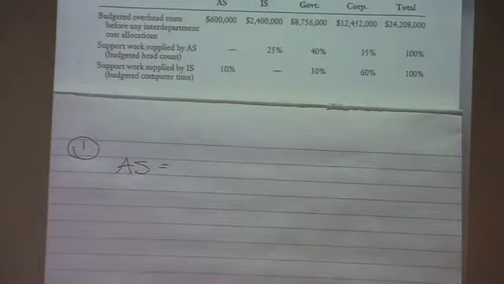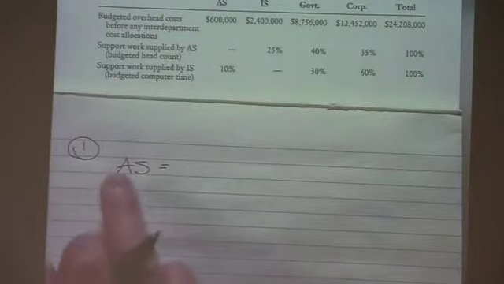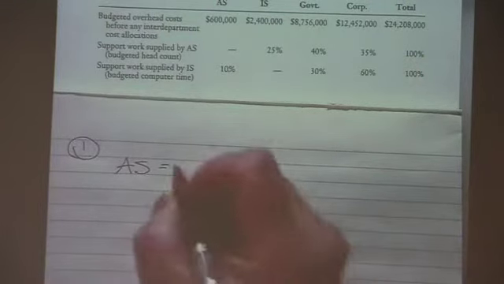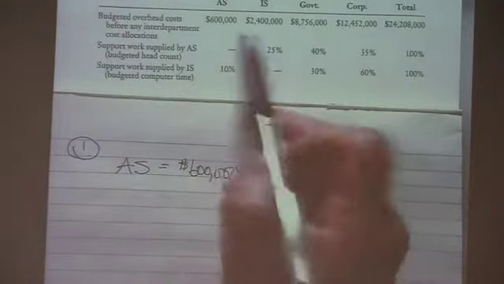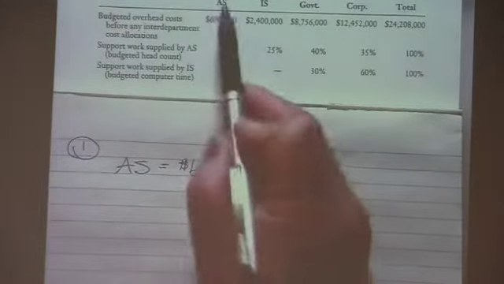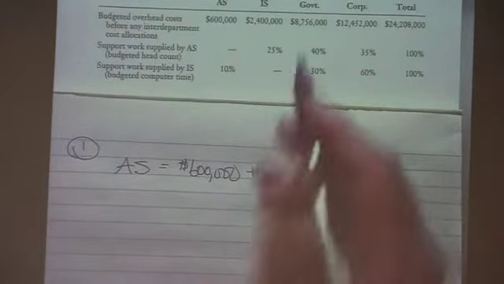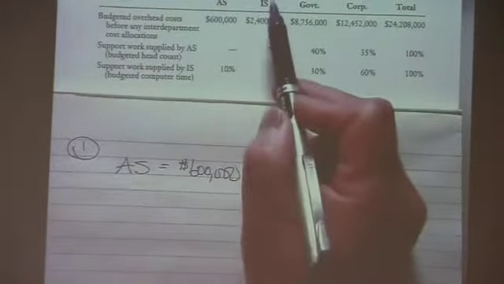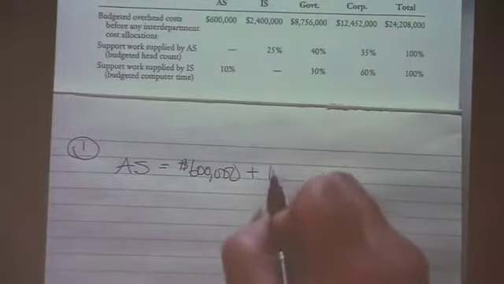And the equation goes like this. The total, fully loaded cost of the Administrative Services Department equals $600,000, which is the standalone cost of the AS department, plus they're going to get a charge from the IS, 10% of the IS department.